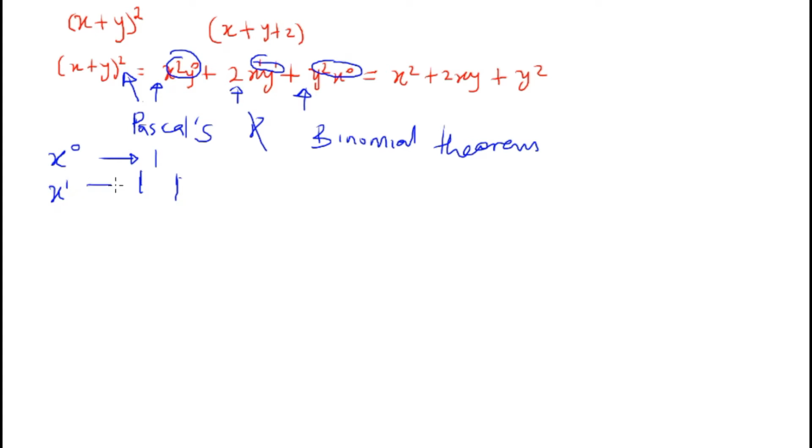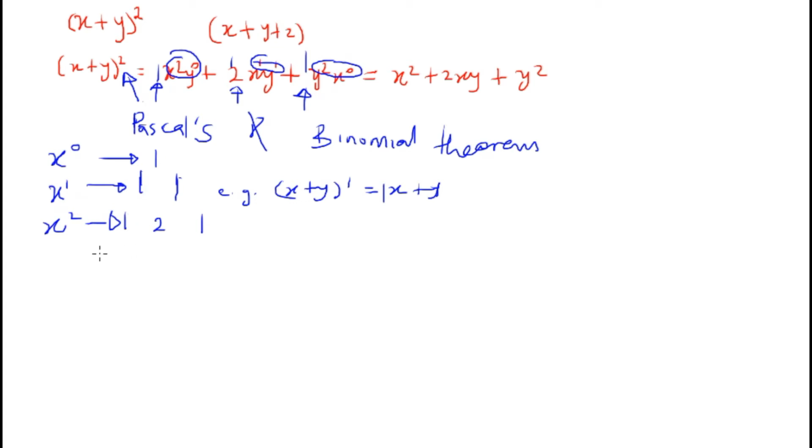For example, x plus y with power 1, the coefficient remains 1 and 1. If we have it squared, just like the initial example, that would be 1, 2, and 1.